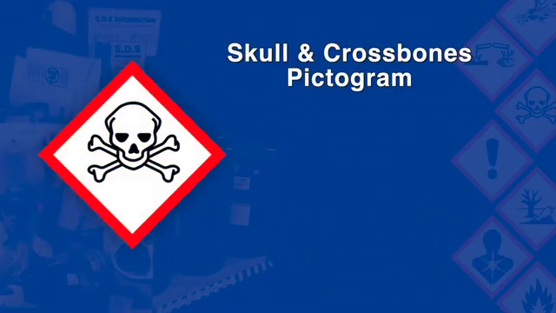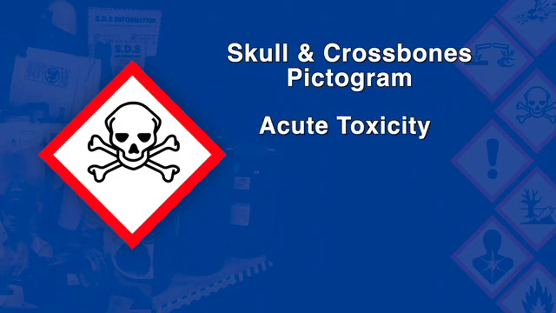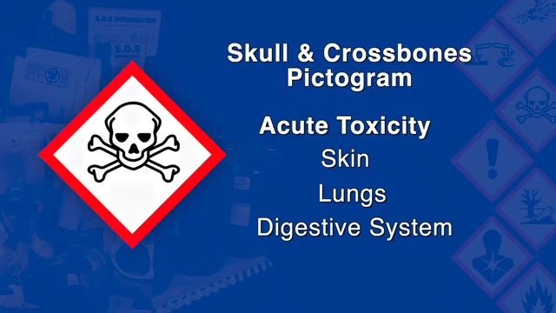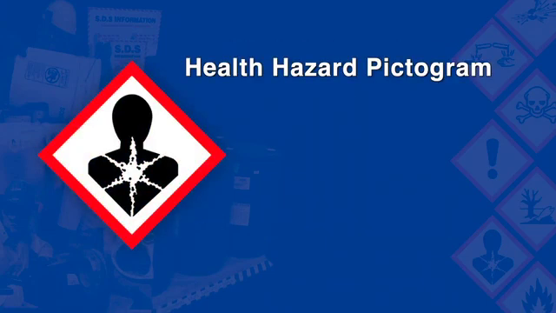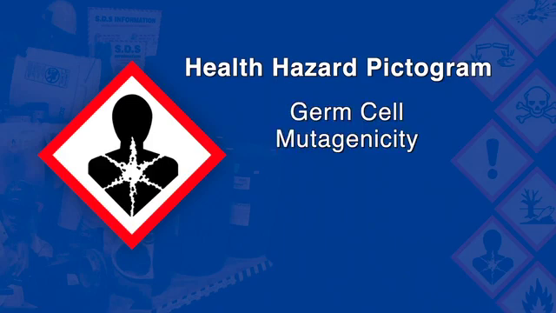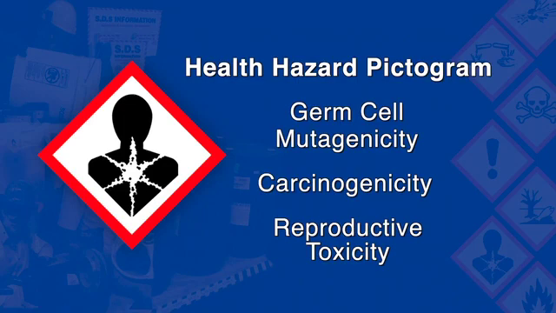The skull and crossbones pictogram represents the health hazard classes which include acute toxicity to the skin, lungs, or digestive system. The health hazard pictogram represents the health hazard classes which include germ cell mutagenicity, carcinogenicity, and reproductive toxicity.